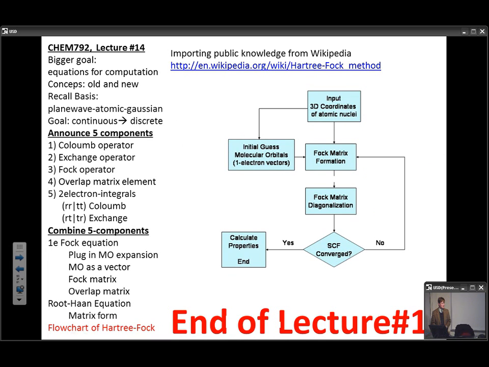Okay, we are very close to completion of our meeting. This is a picture borrowed from Wikipedia, but it is just so good that I do not know how to make it better. It is an oversimplified representation of the Hartree-Fock theory implemented for a computational problem.